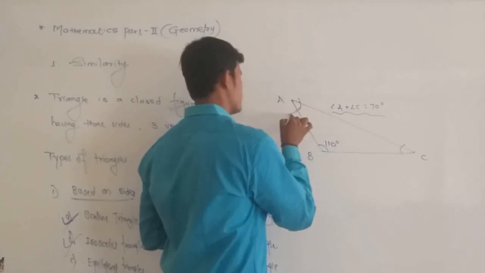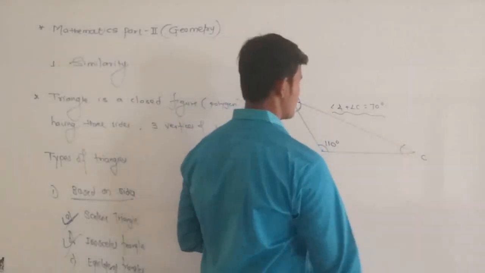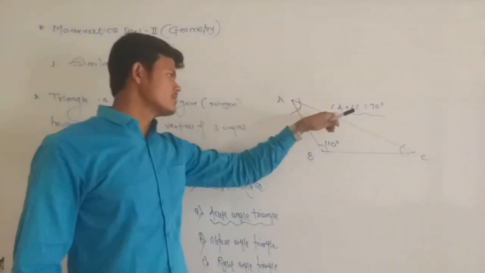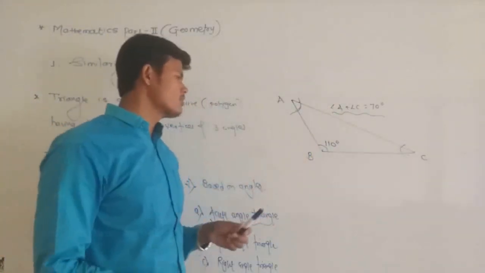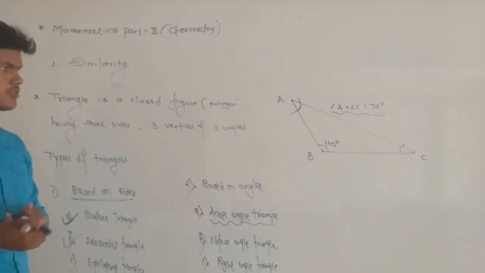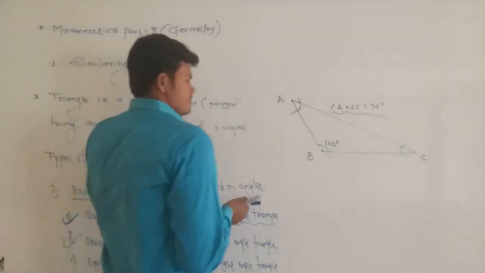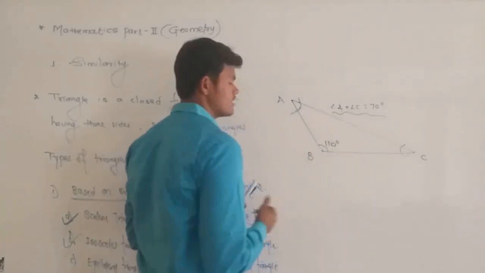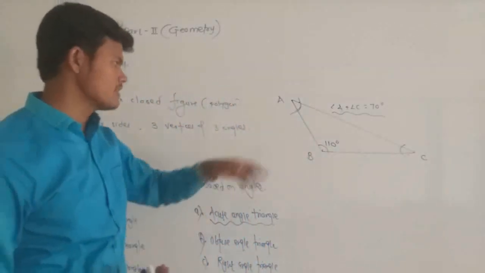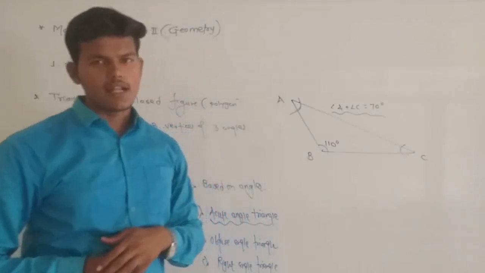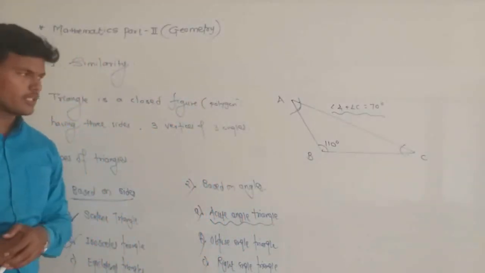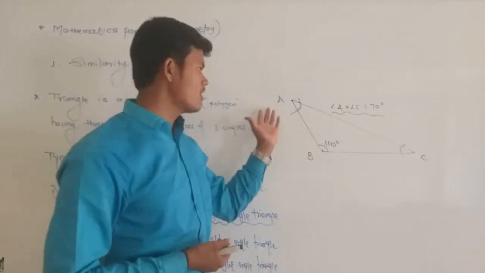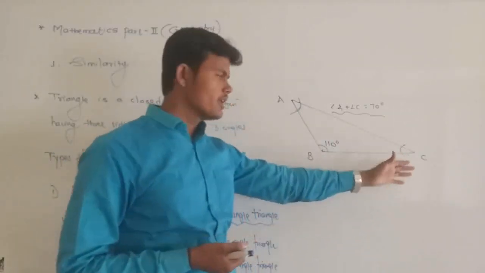Because according to the property, the sum of measures of all angles of a triangle is 180 degrees. So the remaining two angles are also less than 90 degrees. That means angle A and angle C are acute angles in the obtuse angle triangle. Most students only know that obtuse angle triangle means one angle is greater than 90, but the remaining two angles are acute angles.